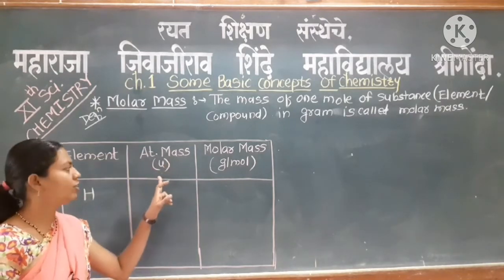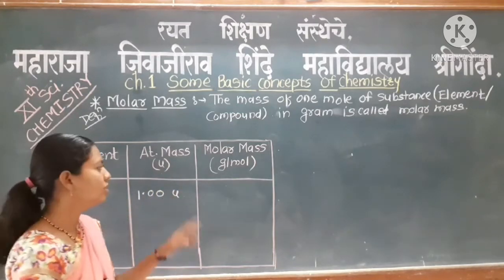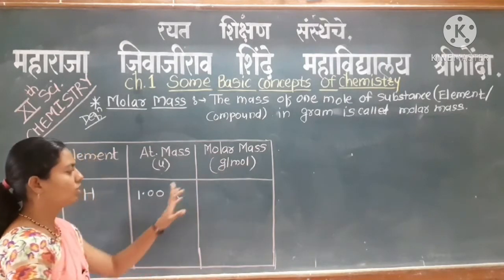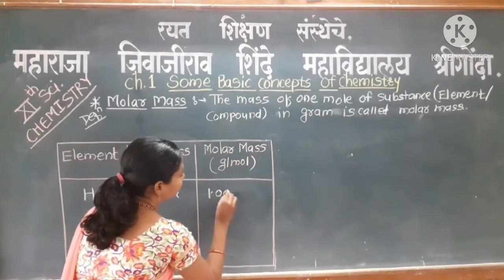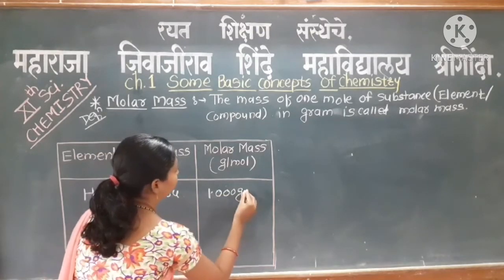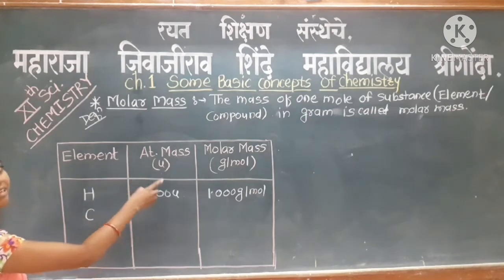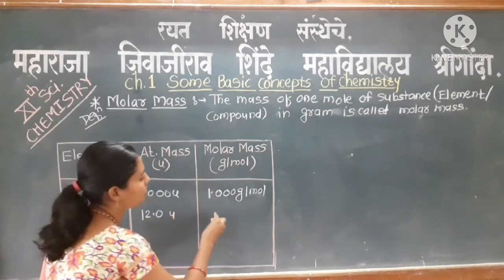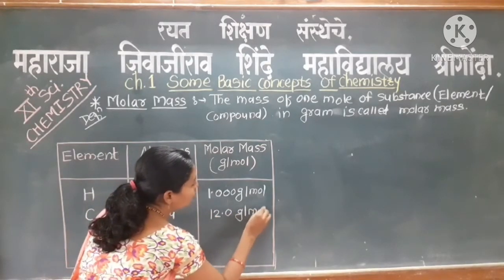Hydrogen has atomic mass 1 unified, and its molar mass is also 1 gram per mole. Suppose we take carbon. Carbon has atomic mass 12 unified. Its molar mass is also 12 gram per mole.